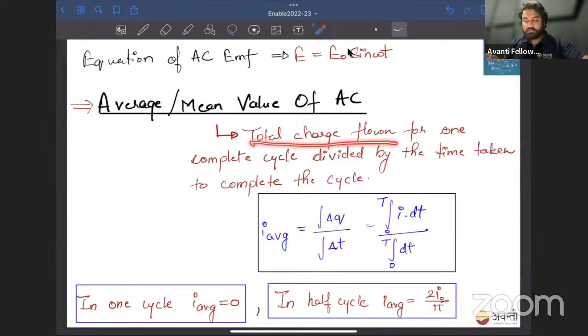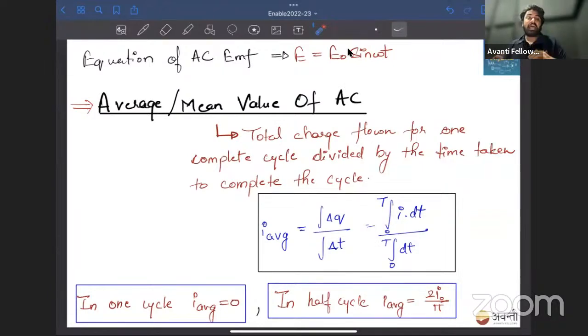It is the total charge flown in one complete cycle divided by the time taken to complete the cycle. So we can write total charge flown upon total time taken. This charge is flowing in one cycle, right? So from here, Q I can write as I t, or delta Q is I dt, and for dt, time I can take from 0 to T.